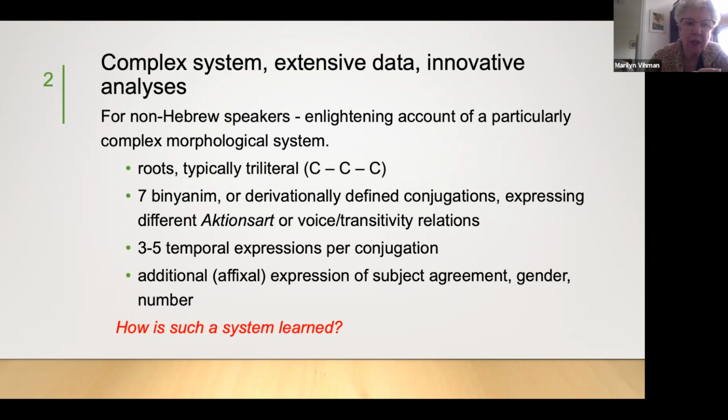And I neglected to say that what's interesting, particularly special in Semitic systems, is that the binyan, the conjugation expression, is something that gets intercalated with the consonant slots provided by the root. So it's a very special kind of system. And the question for us here is, how does anyone learn such a system? How is the system learned?